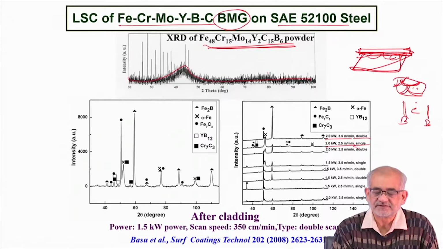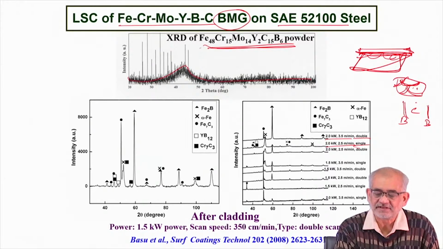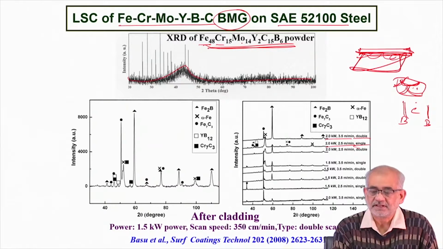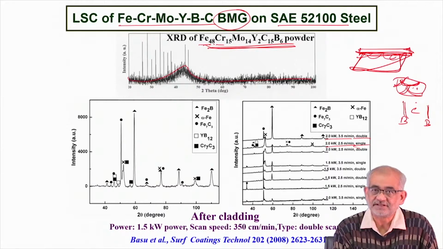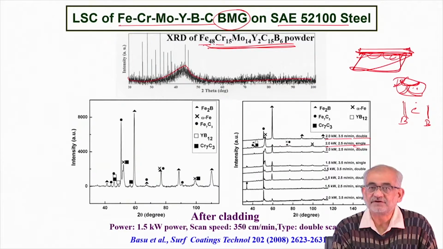And the reason is very simple: on one hand you have elements like iron, chromium, molybdenum, and on the other hand you have metalloids like carbon and boron, so they have very different melting temperatures, very different densities, very different specific heats, and most importantly they have very different tendencies of formation of clusters.